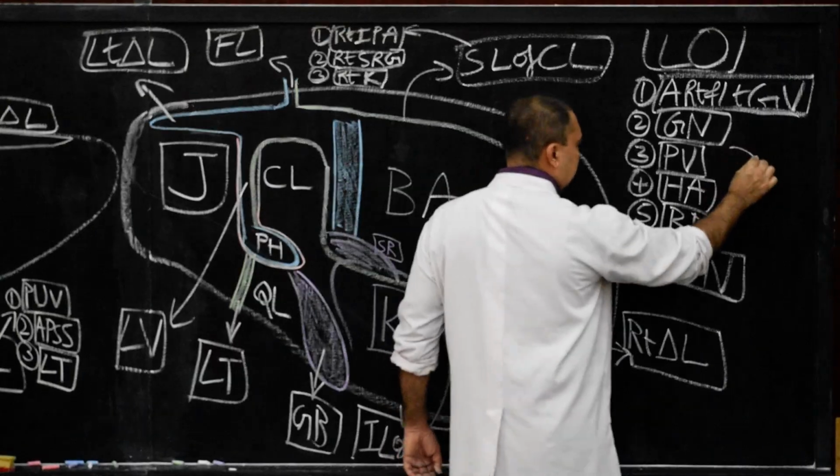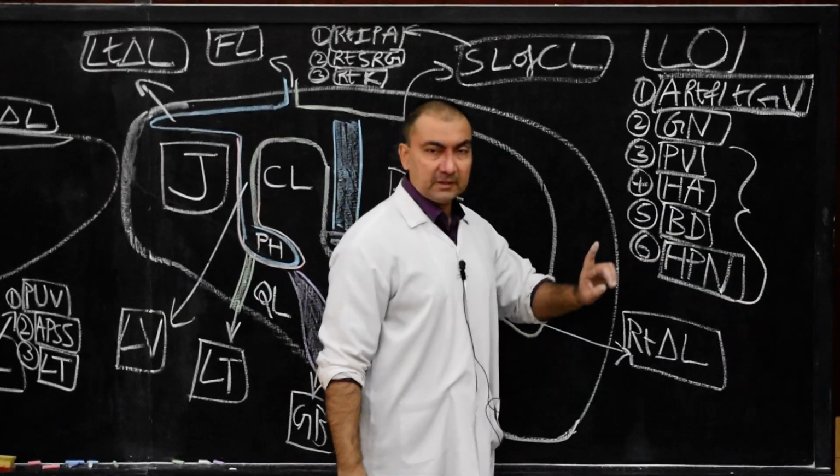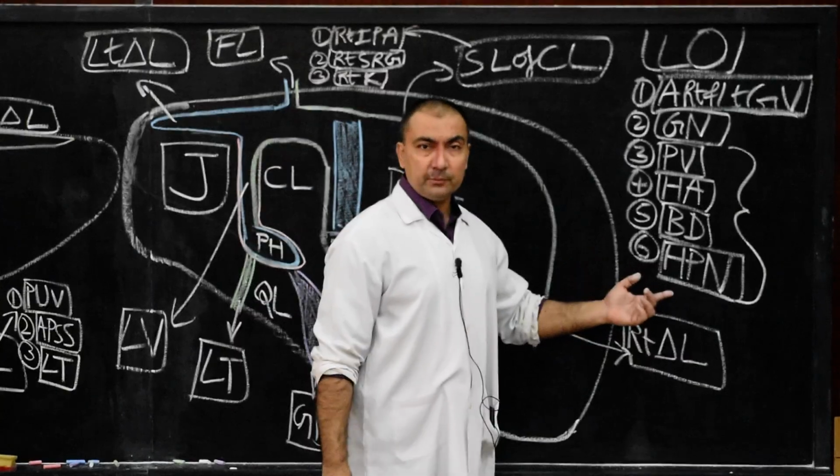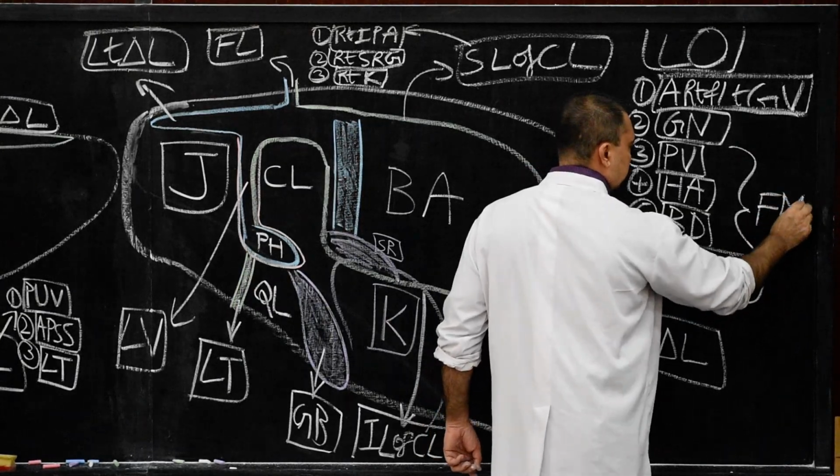So these contents, portal vein, hepatic artery, bile duct and hepatic plexus of nerves, are contents of lesser omentum, but present in which part? In the free margin.